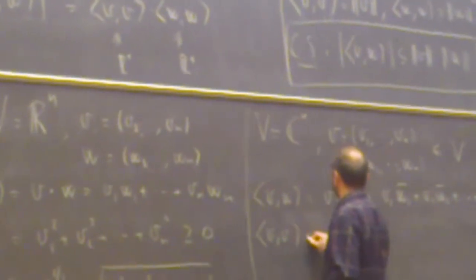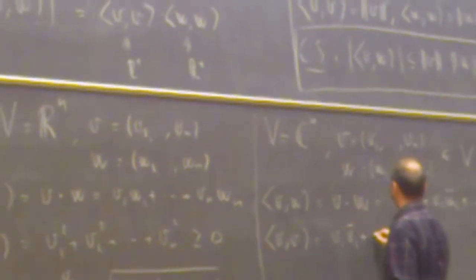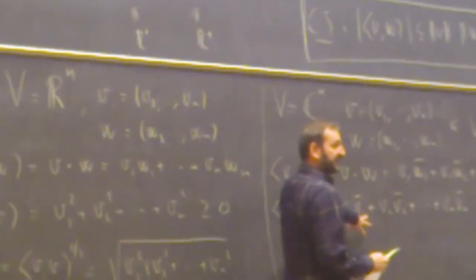Here we can then look at v inner product v, and that will then be v1 times v1 complex conjugated plus v2 times v2 complex conjugated plus dot dot dot plus vn times vn complex conjugated, using now results about the complex numbers. A complex number times its complex conjugate is the norm of the number squared.